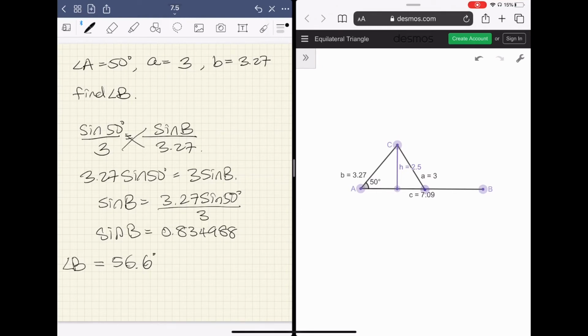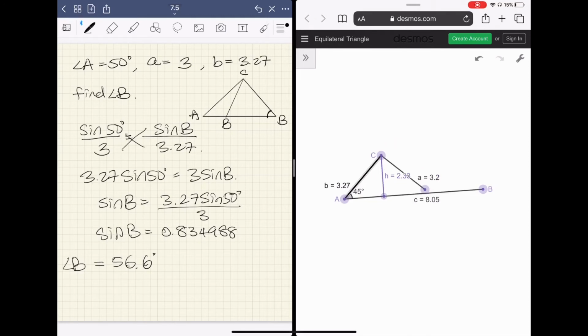Now, 56.6 degrees is the angle B for the bigger triangle. What about if I have the smaller triangle? So let's draw that again. This is A, this is C, this is B. That's the bigger triangle. If we have the B here, then that will be the smaller triangle. We know that this angle is 56.6.